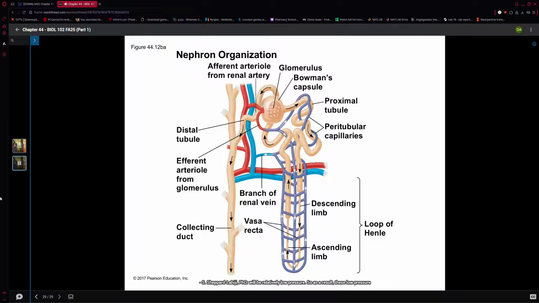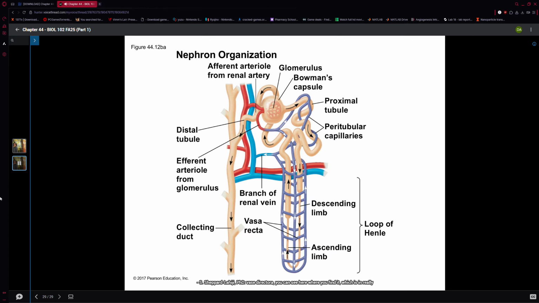So as a result, these low pressure capillaries are capable of readily absorbing solutes and water from the tubule cells as the substances are reclaimed from the filtrate. And the renal tubules are really closely packed together, so the peritubular capillaries of each nephron are able to absorb substances from several nearby or adjacent nephrons.